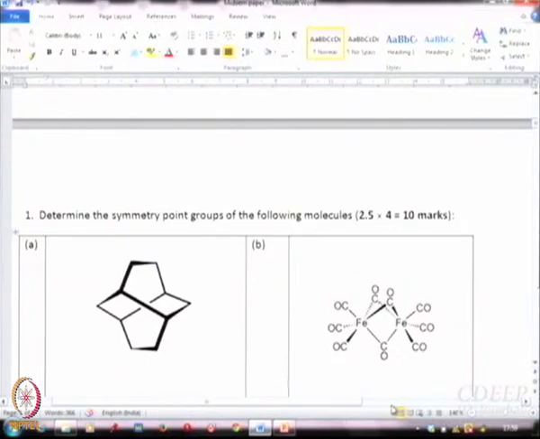That is sigma h. Is there any other sigma? Where are those sigmas? They are sigma d, right? Where are those sigma d? But do they matter in the nomenclature?